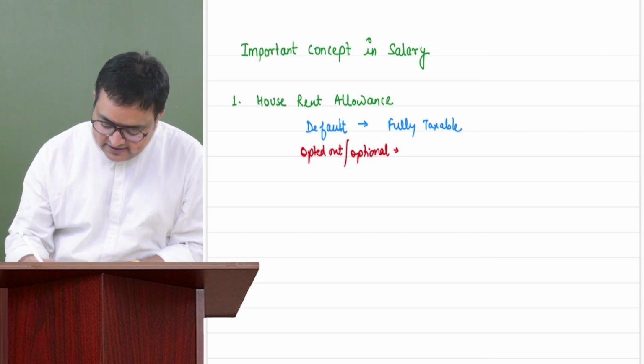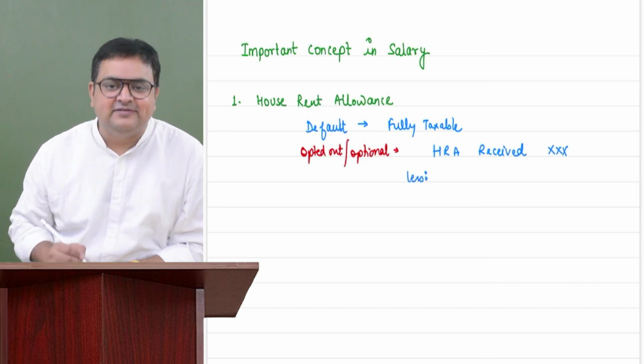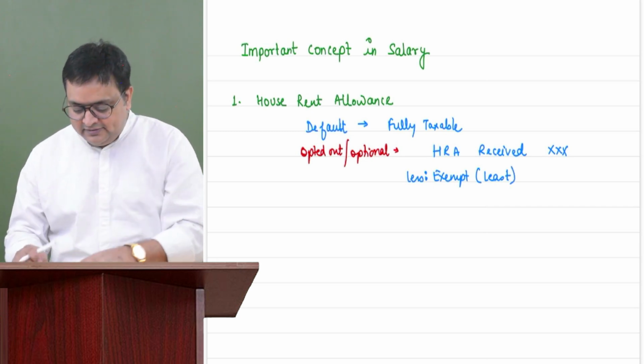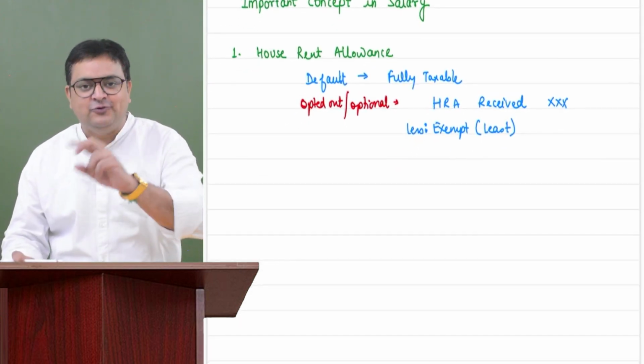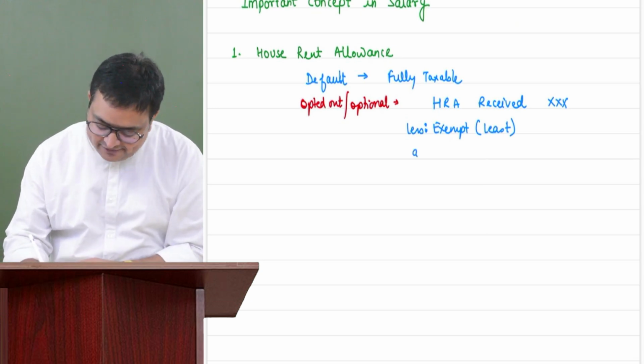First of all, write HRA received, whatever the amount, in the inner column and subtract from this amount the exempt amount, which would be the least of the following. There are three things which we have to see, and the least of those would be exempted. A, B, C, or 1, 2, 3, whatever you may call it.